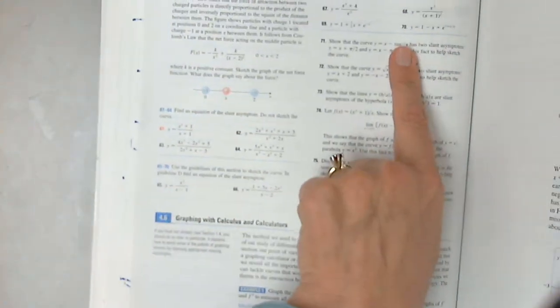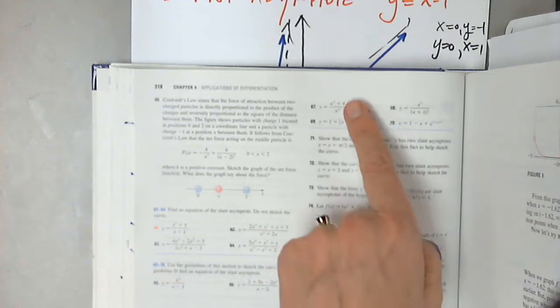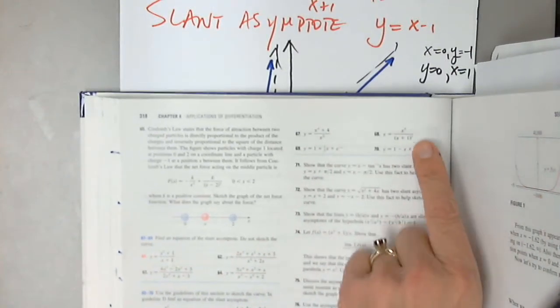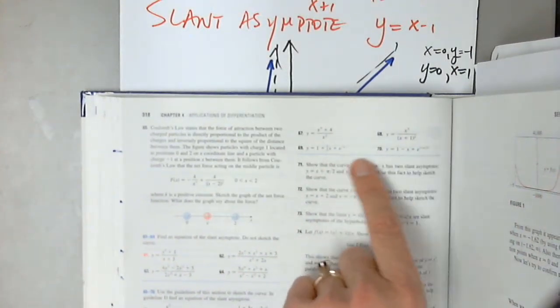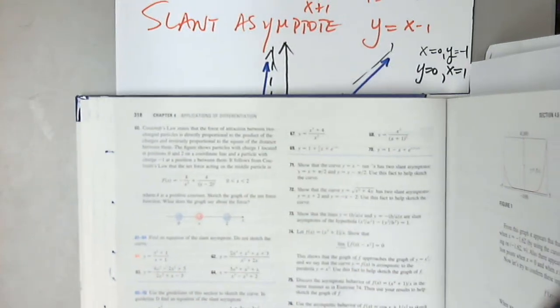Can we look at finding another slant asymptote? Yes, of course. They are here. Use the guidelines of the section to sketch the curve. This has degree 2, degree 1, degree 2, degree 1, degree 3, degree 2. These have exponential, I don't know.